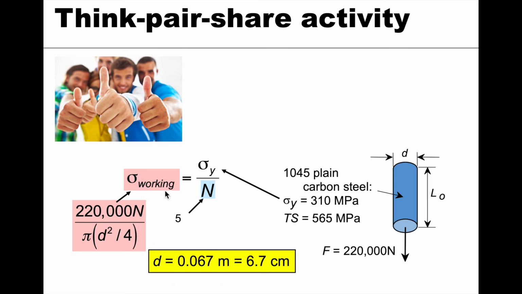If we're doing this in terms of newtons and meters, the stress would also have to be in pascals. We have megapascals, so keep in mind the units there. When we do that, we get 0.067 meters, which is 6.7 centimeters.